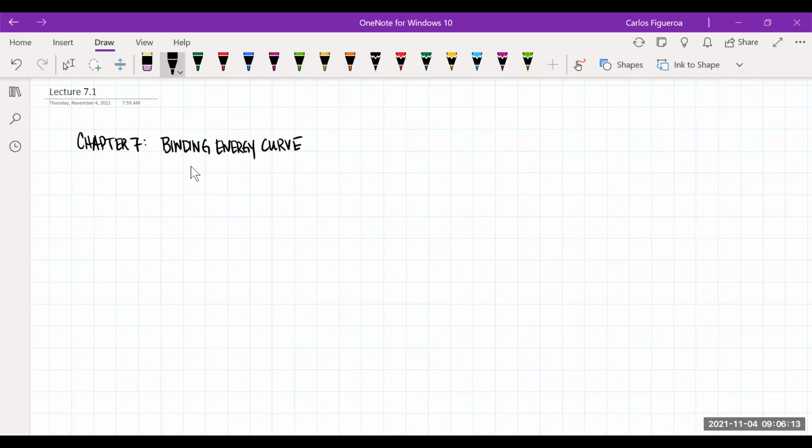The binding energy curve is without any doubt one of the most important graphs in all of physics, especially nuclear physics. In fact, it may be the most important graph in the textbook, in my opinion, because you'll see that the physics is deep.